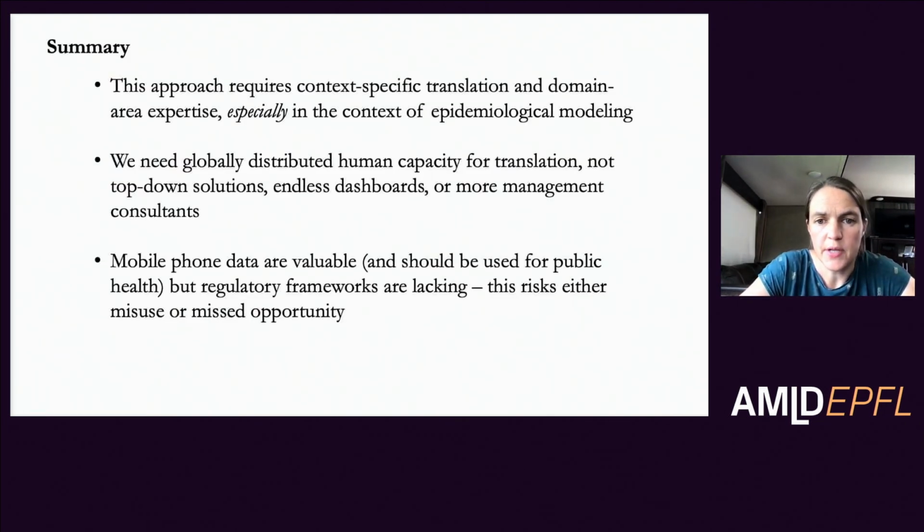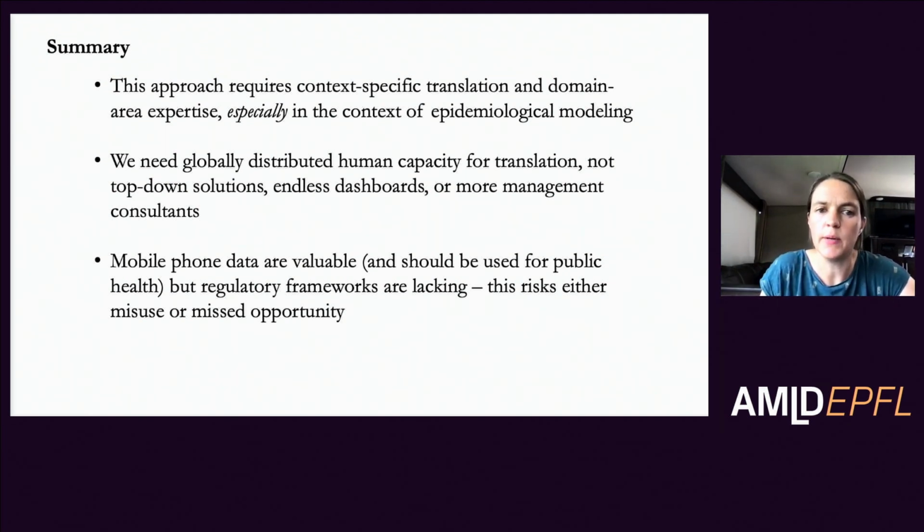So I'm going to end a few minutes early, but to summarize, you really need domain area expertise, especially in the context of epidemiological modeling. During the pandemic, there were a lot of situations where people that didn't have expertise jumped in to try to be helpful, but made rookie errors because they hadn't worked with epidemiological data before and didn't understand some of the constraints.